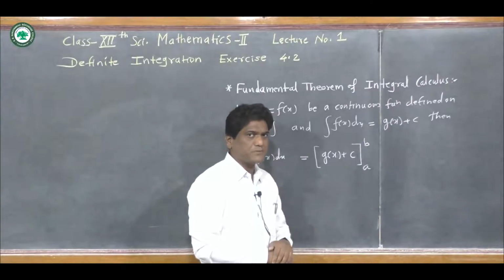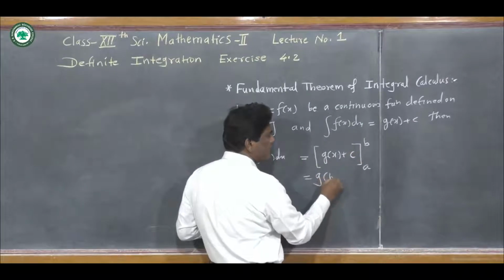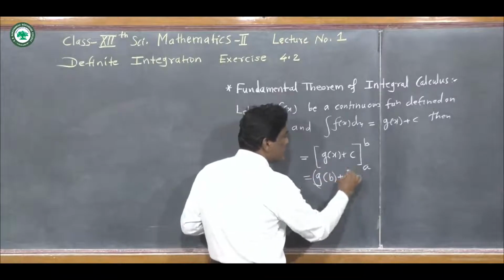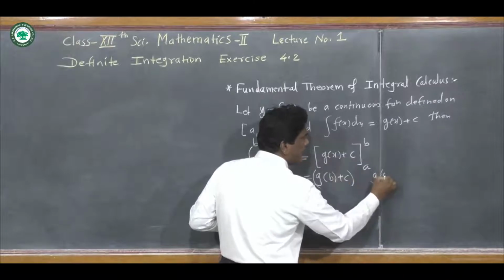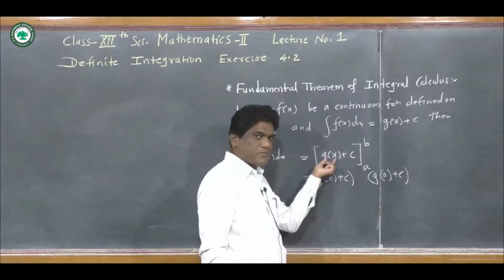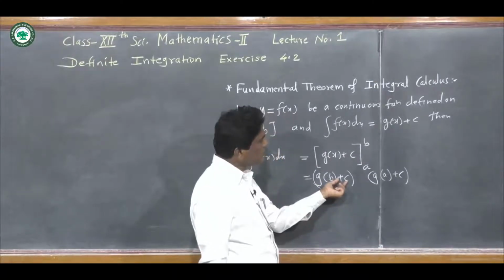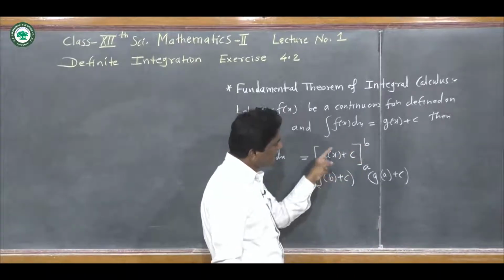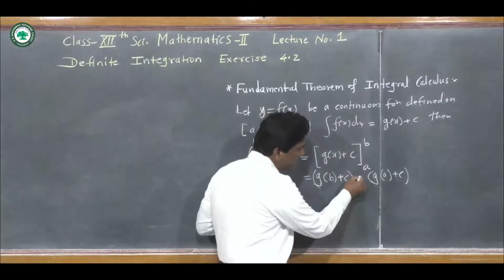Now how to put these values? So this is equal to g of, in place of x we put b, that is g of b plus c as it is. Now we put the value of x as a, so it is g of a plus c, and take a minus sign here. So in place of x we put the upper limit, that is g of b plus c, and after completing this step, now we have to put the value of x as a, so g of a plus c, with a minus sign.